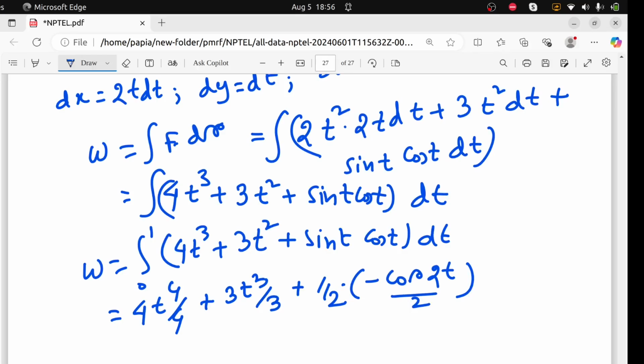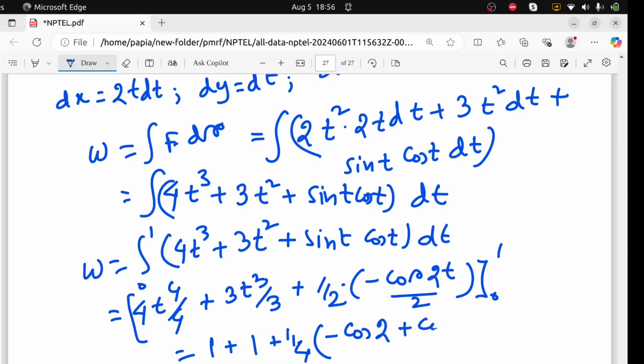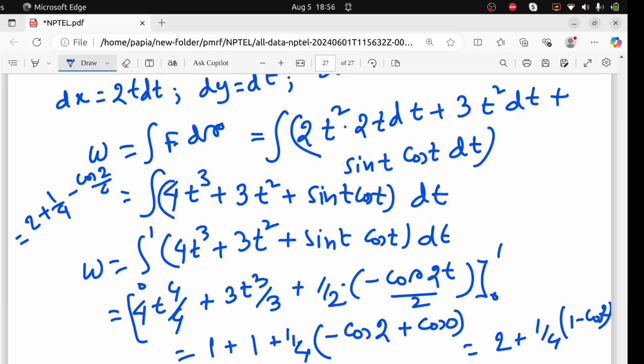Okay, we will just take the limit, right? So it will be 1 plus 1 plus 1 by 4 minus cos 2 plus cos 0. Cos 0 is 1. So it is 2 plus 1 by 4, 1 minus cos 2. So if I just calculate these values, then it will come as 2 plus 1 by 4 minus cos 2 by 4.